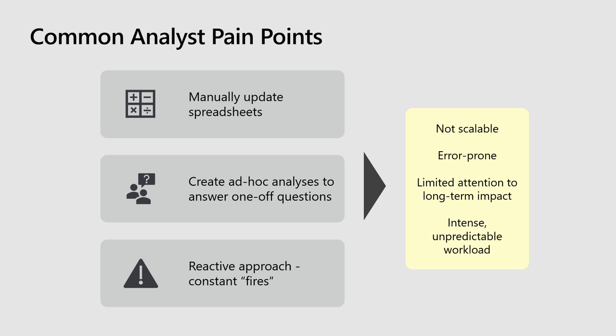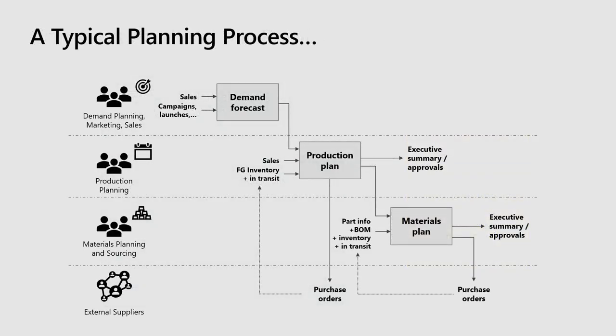So hopefully by the end of the session, you'll have good tools to spend less time in Excel. As much as I love the product, if you can automate part of what you're doing, that will be a great outcome. And so with this, here's a typical planning process where you have several teams that are giving information between each other, and you can extrapolate this to many other processes and functions. In this case, we have a demand team that's giving input to the finished goods team.